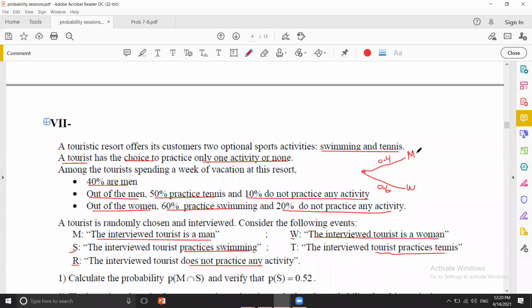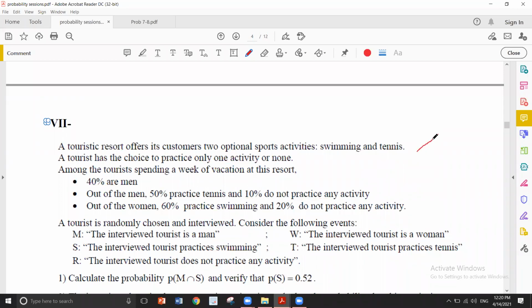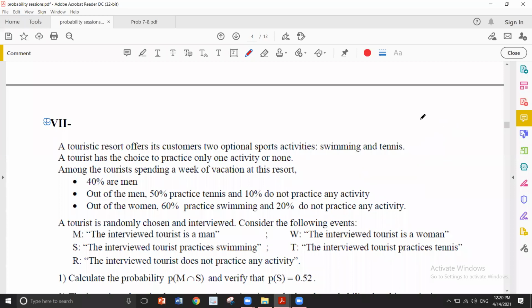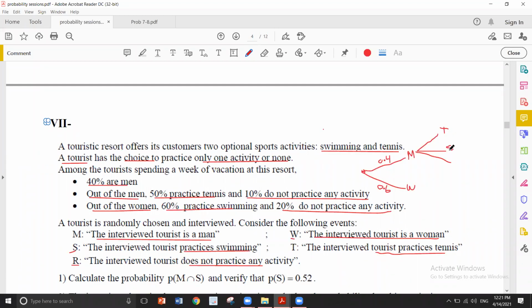The men are divided into how many groups? 3. What are the three? Tennis, swimming, and nothing. Swimming is S, nothing is R. Tennis given man, swimming given man, nothing given man.